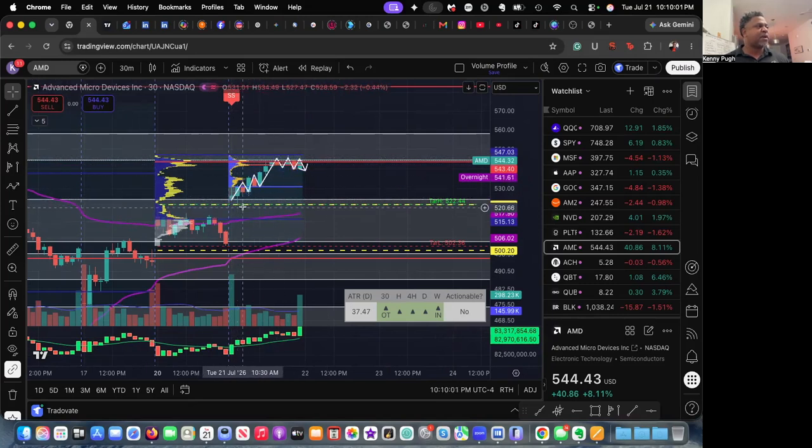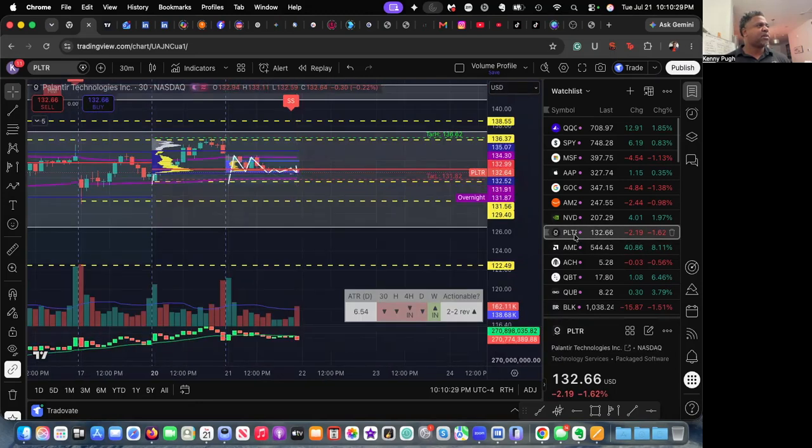You could have set your stop right underneath this gas station, which I refer to liquidity as gas stations. You could have put your stop there and you could have let it execute all the way to the next city. This would have been a great scenario for you. You would have gotten from 524 to about 544, and that would have been a solid move. The other ones probably would have chopped you up.